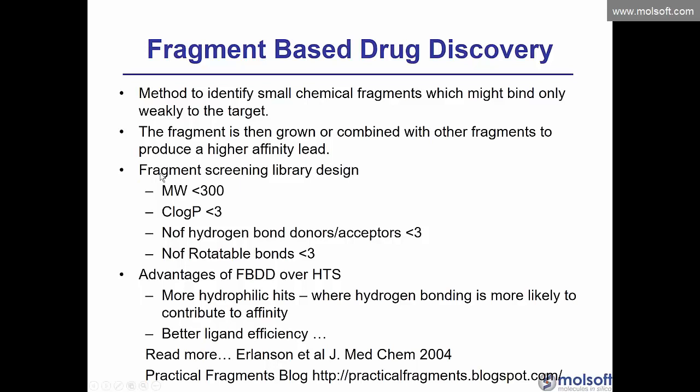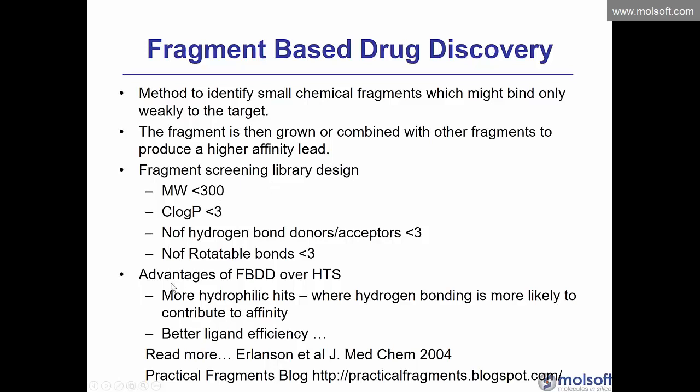Fragment screening libraries generally have fragments that are less than 300 molecular weight, log P less than 3, number of hydrogen bond donors and acceptors less than 3, and number of rotatable bonds less than 3. This is just like for high throughput screening, where you have Lipinski's rules, and these are a set of rules just for fragment screening library design, but they're just guidelines basically.